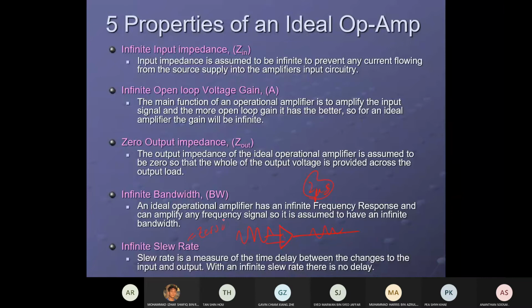Remember, a very low delay means time is short. Infinite slew rate means no delay in the processing. That means slew rate measures the time delay between the changes to the input and output. With an infinite slew rate, there is no delay.